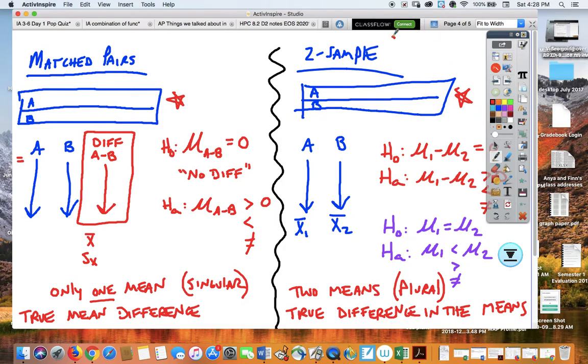Occasionally, you might see where they just give you X bar 1, SX1 and N1, and then maybe they give you X bar 2, SX2, and N2. So they might give you those stats, but they might also give you the data. And it's when they give you the data, that's when people confuse it for matched pairs.